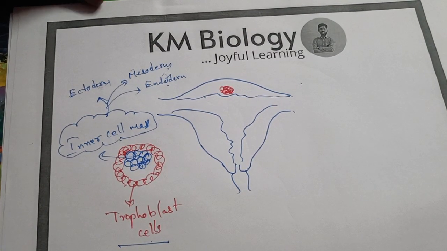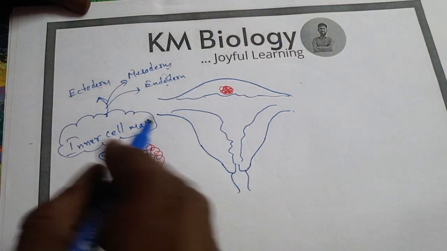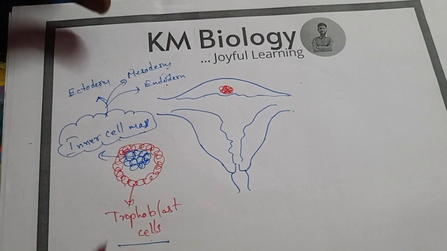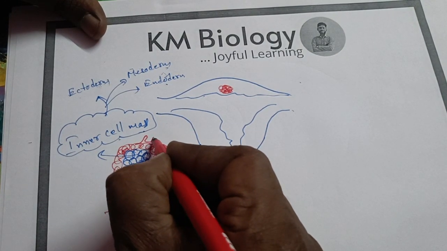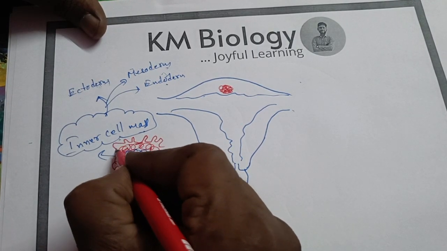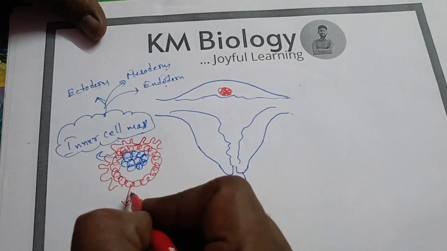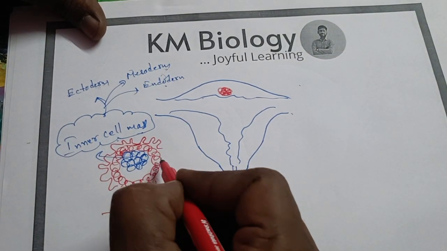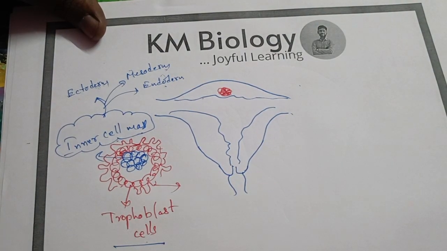Right. Now from the trophoblast cells, finger-like projections will appear, and these finger-like projections we call chorionic villi.